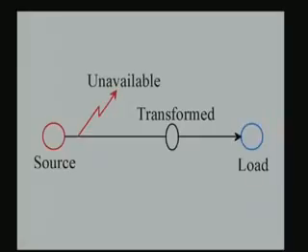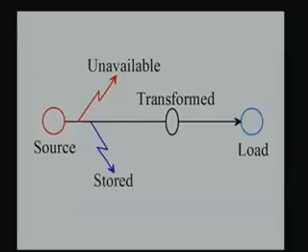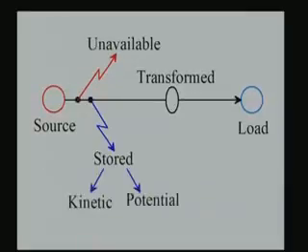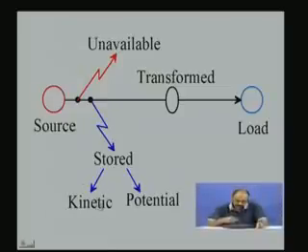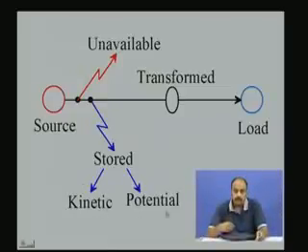There is something else that can also happen to this energy in the process of moving from the source to the load. It can get lost. Lost meaning that amount of energy becomes unavailable to the load. Further, this energy can also get stored, and it can get stored in two forms: the kinetic energy or the potential energy.